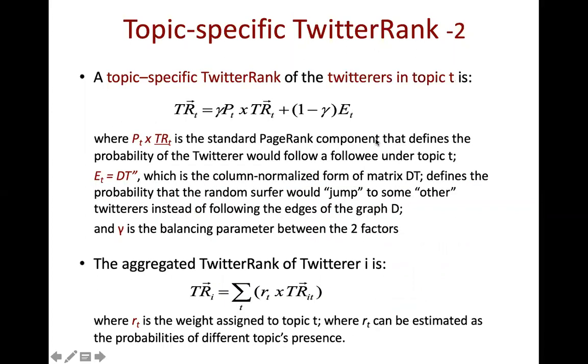If you go further, the aggregated TwitterRank of a Twitter user i can be defined as a sum of this TwitterRank times RT, where RT is a weight associated with the topic T. So it's a weighted similarity, basically a linear combination, because it's a sum of weighted topic ranks. So we can define the rank of a particular Twitterer.